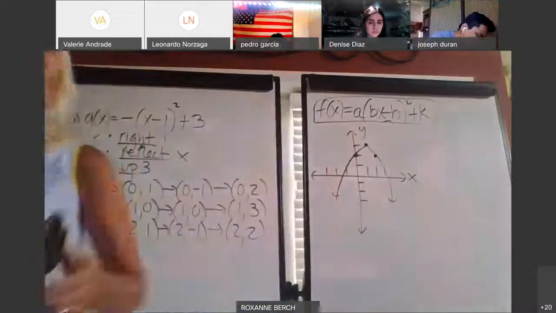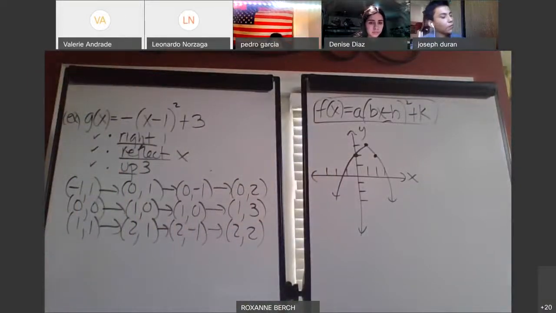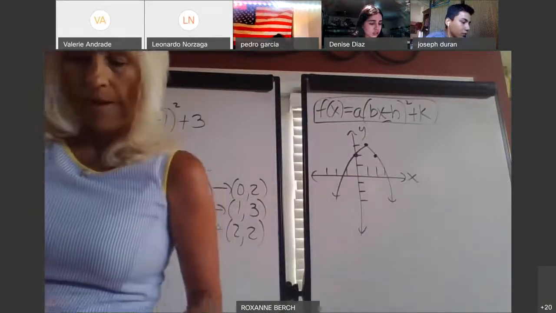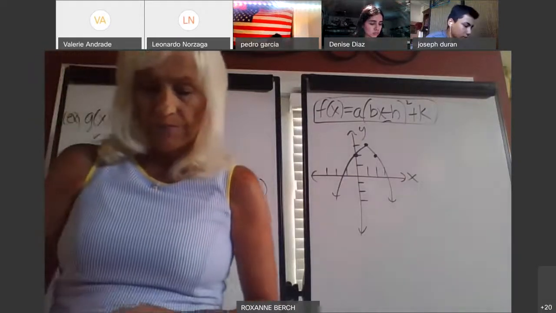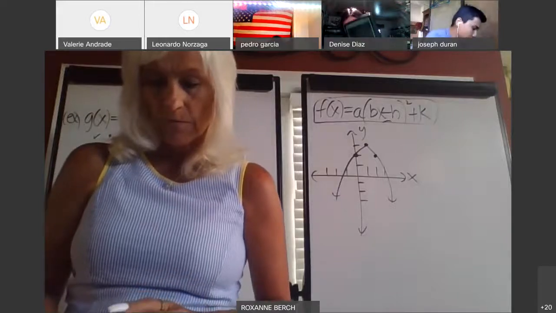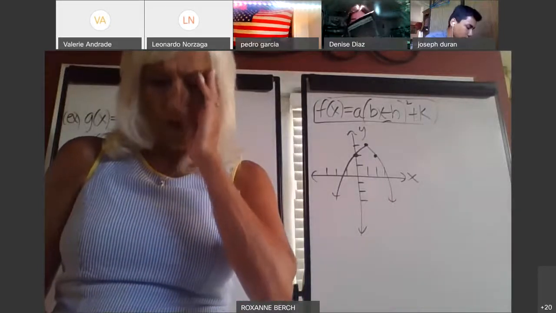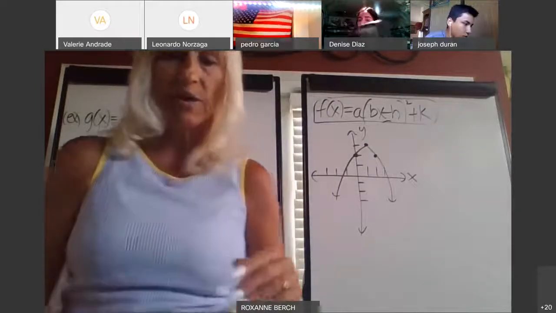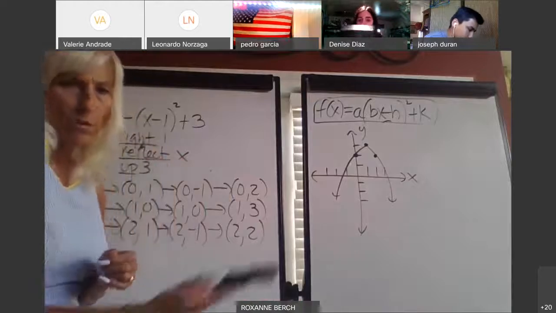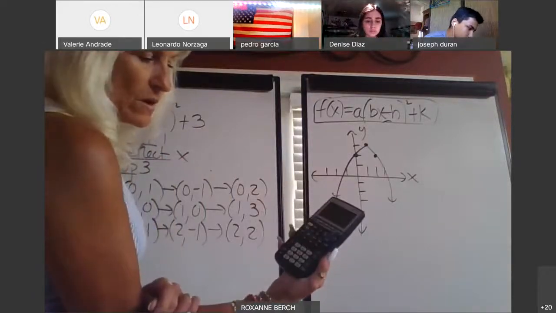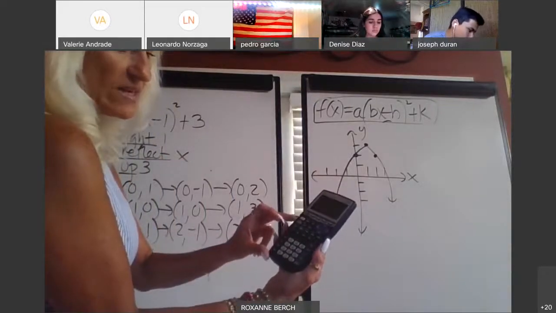That's what it looks like. Mine shows up as it going off the screen. You need to reset your calculator. So we can reset it right now. You go to, see the second key, the yellow key?